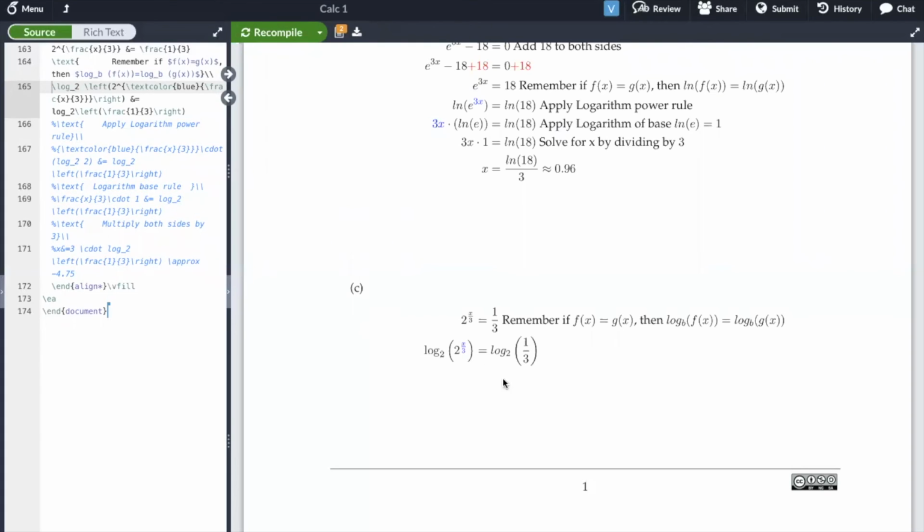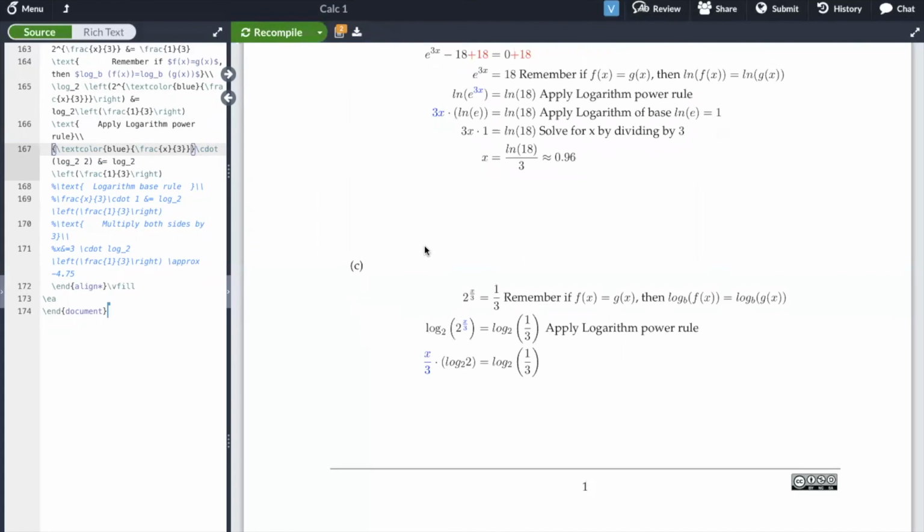Again, we have the power rule. We can get the power of x over 3 moved right in front of the logarithm. So we got that x over 3, and we moved it right in front.